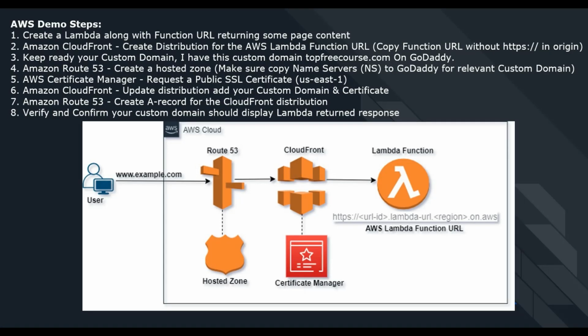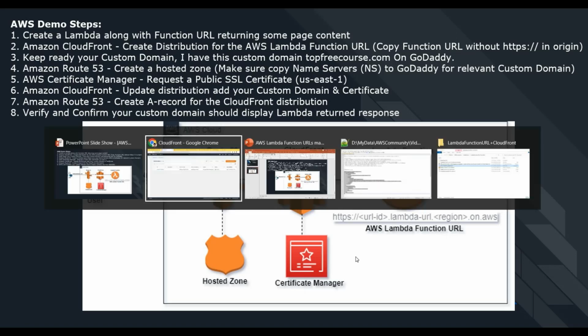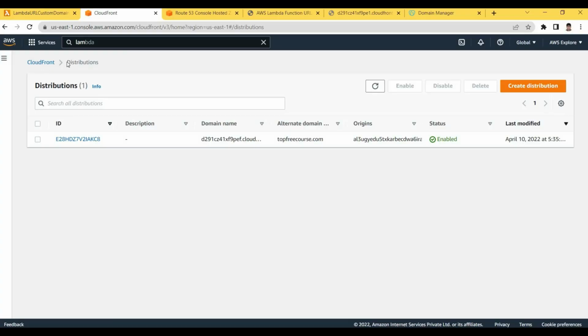Now let us go back to the CloudFront distribution we created. Here we can see the CloudFront distribution status is done; in last modified it's showing an exact time, because before it was showing deploying.